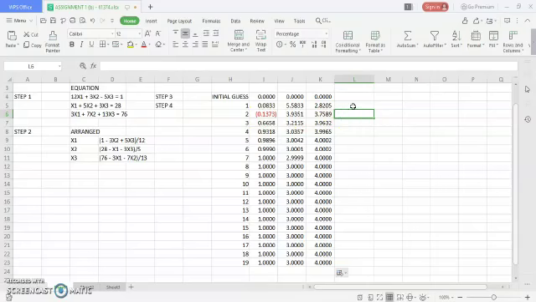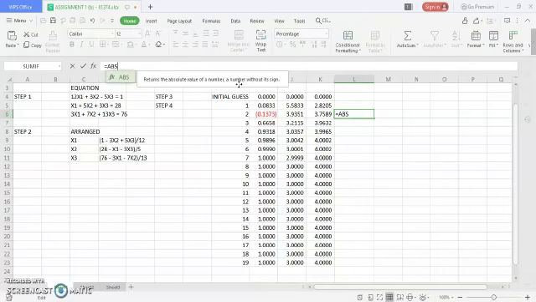So for the maximum error, for the error, we just type in the equation here. It's in absolute value to get only the positive value.